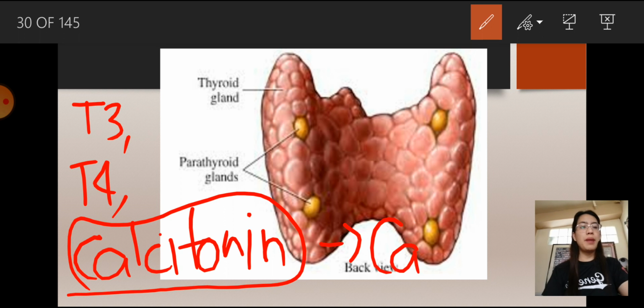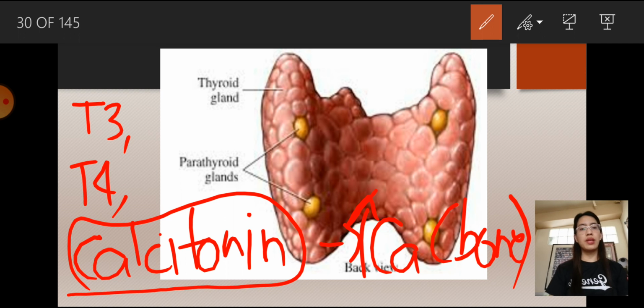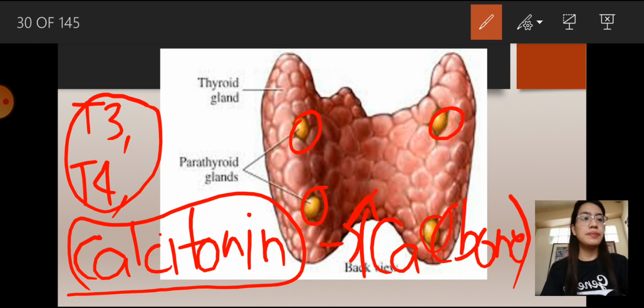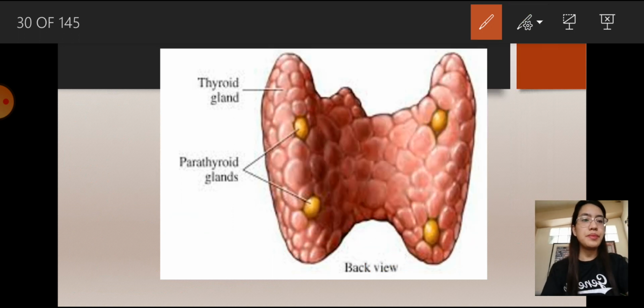Pinapataas niya ang level ng calcium natin sa ating mga buto. So, pampatibay ng buto ang ating calcitonin. When we speak about hypothyroidism and hyperthyroidism, we are only referring to your T3 at saka T4. Yung mga yellow na naka-embed sa ating thyroid gland, ang tawag naman natin dyan ay parathyroid.